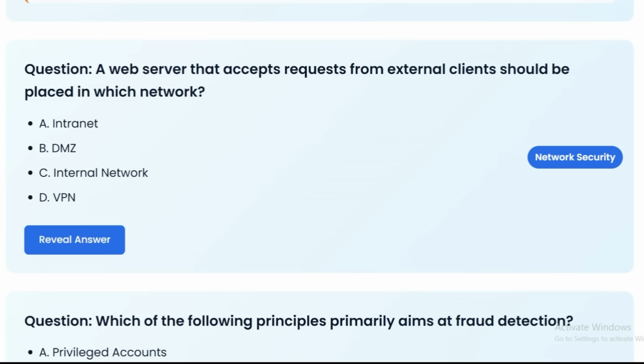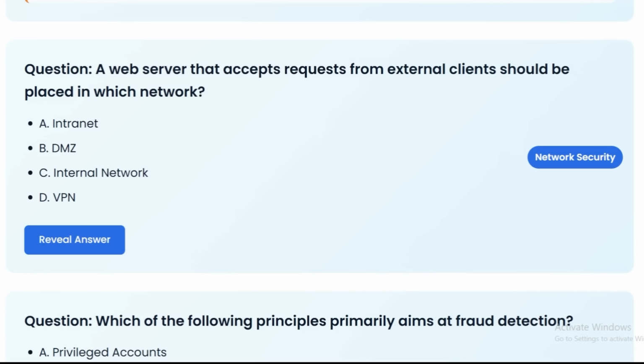DMZ obviously is the answer, and it's called demilitarized zone. It's a physical or logical subnetwork that contains and exposes external-facing services such as web servers. It also acts as a buffer between the public internet and the internal network, allowing external access to services while protecting the internal network from direct exposure. So placing a web server in the internal network or intranet will expose sensitive systems to unnecessary risk, while a VPN is for secure remote access, not hosting public services.